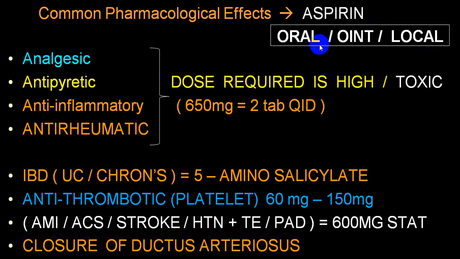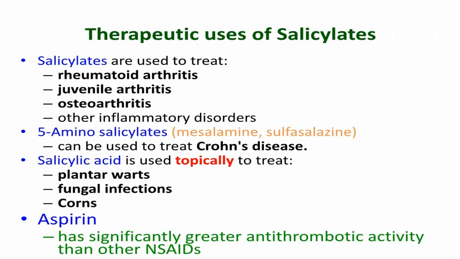It is available in oral form, ointment form and local form. Depending upon the etiology you can utilize. So salicylates are very commonly utilized but have to be used in a little larger dose in rheumatoid arthritis, juvenile arthritis, osteoarthritis and other inflammatory disorders. I have already told you 5-aminosalicylic acid, that is mesalamine or sulfasalazine, is utilized very commonly in Crohn's disease and in case of ulcerative colitis.